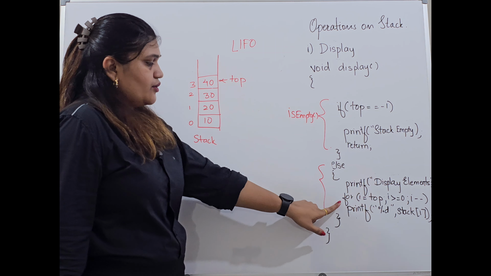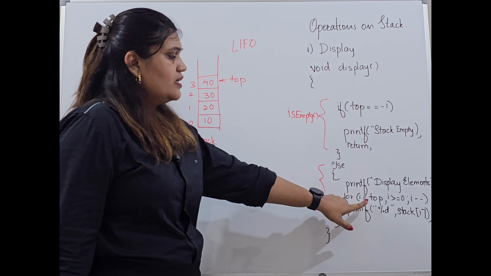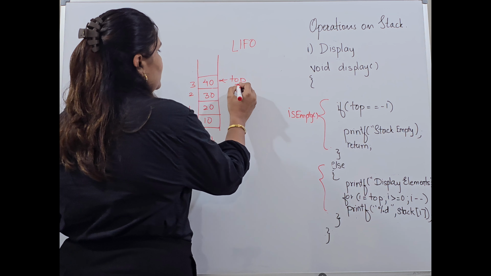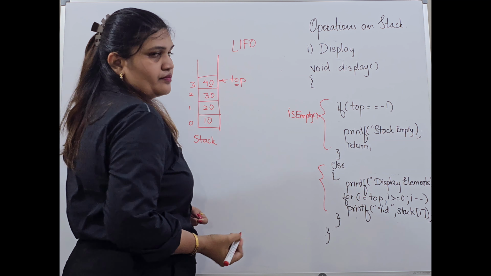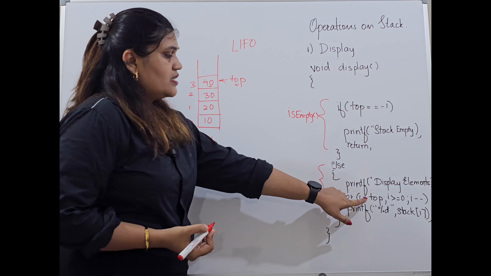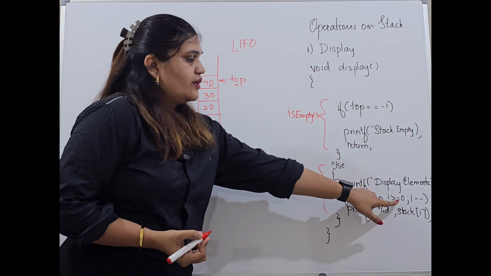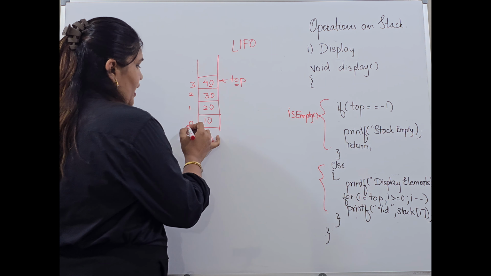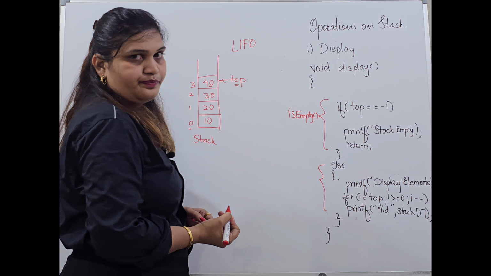So here what I'm trying to do is for i equal to top, that is, my first element is this particular element, 40. So for i equal to top, i greater than or equal to 0. I need to travel through that stack till my i represents 0.